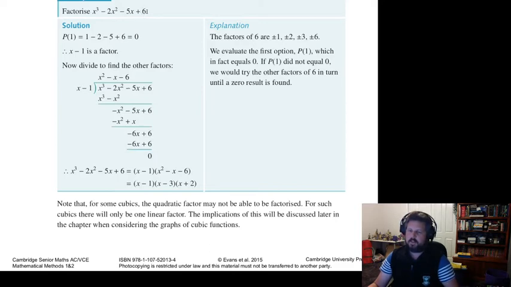So both positive and -1 fit into 6, both positive and -2 fit into 6, both positive and -3 also fit into 6, and both positive and -6 also fit into 6. So these are the numbers I would be trying first.